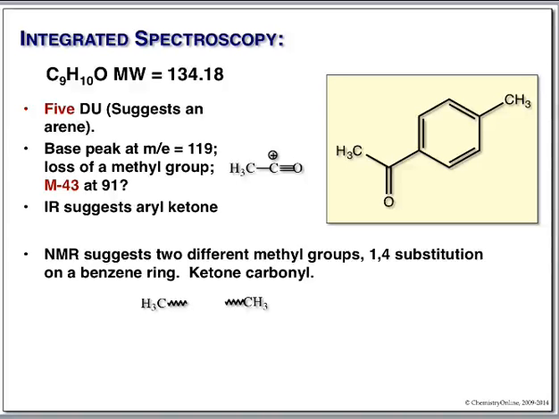And of course, we have two different methyls. Alternatively, you could just sit down and draw all the possible isomers of C9H10O that have para-substitution. I think there's only one way you can do it, to be honest. Any questions?